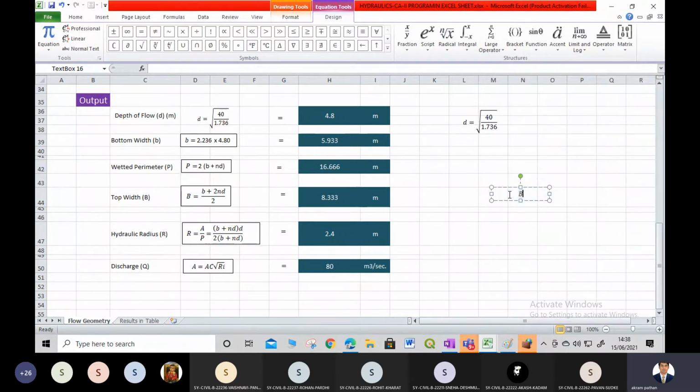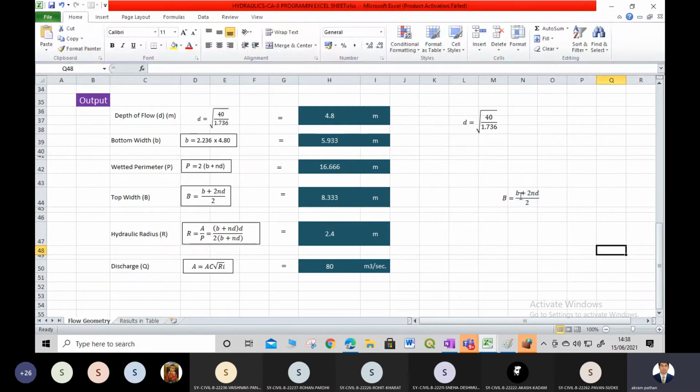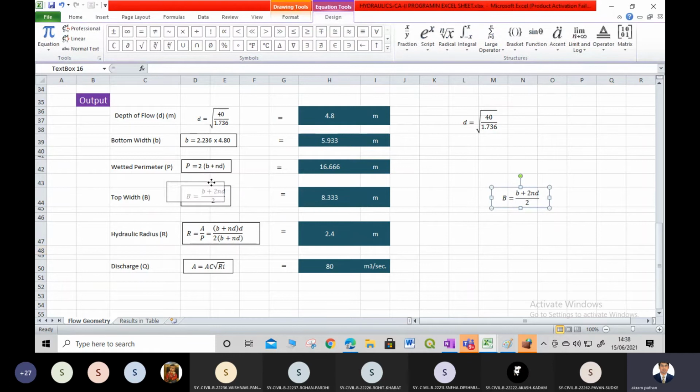Capital B is equal to small b plus 2 times ND, divided by 2. This is how we can develop this formula and paste it here.